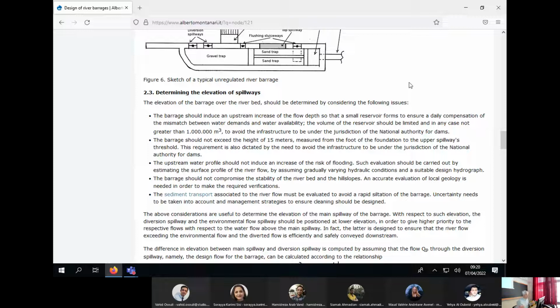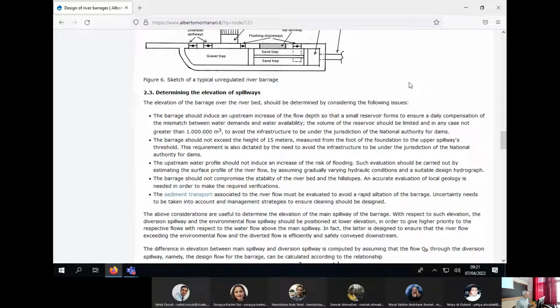Intuitively, the higher the barrage, the higher the accumulation of water volume upstream. That is an advantage because, in case I have excess demands, I have a reserve to use. On the other hand, if the barrage is too high, there might be problems.